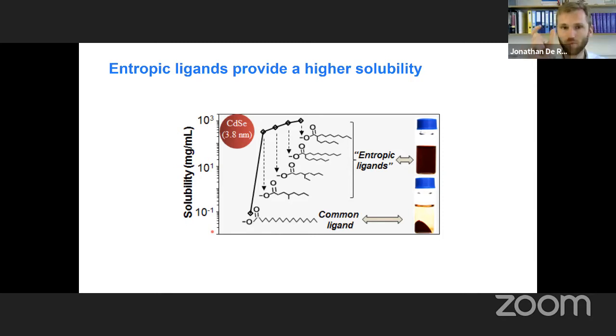Because of this cis double bond, it cannot really crystallize well on a nanocrystal surface. By design, oleic acid is an entropic ligand, which is exactly why people love all ligands with oleyl: oleylamine, oleyl phosphonic acid, oleic acid. They all work very well because of the fact that they are entropic.